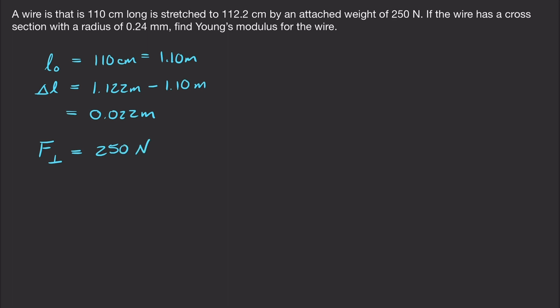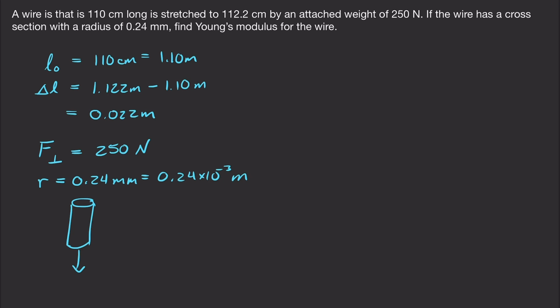So you're stretching a wire, this wire has some cross-sectional area and you're pulling on it from the bottom with a weight of 250 newtons. And then our radius is 0.24 millimeters, or 0.24 times 10 to the minus 3 meters.